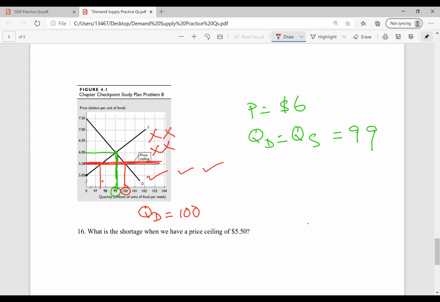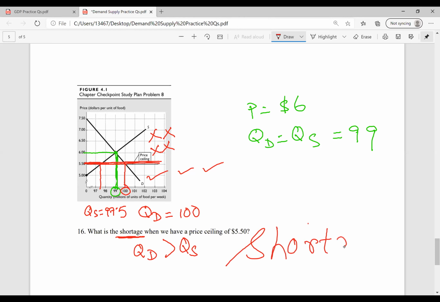Hitting the supply curve at 97.5, and because the quantity demanded is greater than quantity supplied, there is a shortage which is equal to 100 minus 97.5, which is equal to 2.5. This is the answer to this question. Okay.